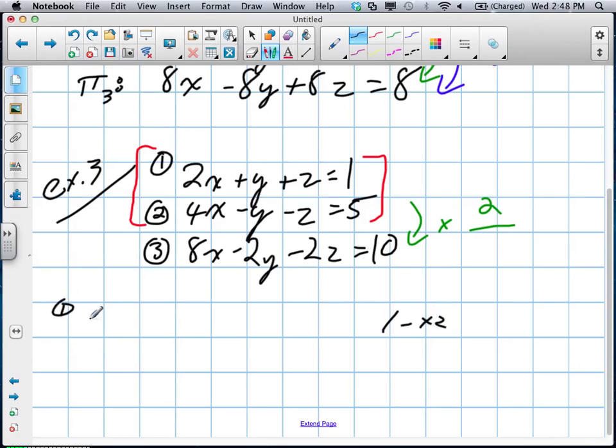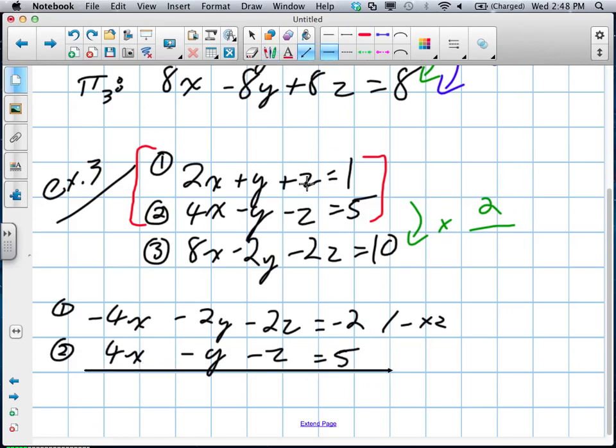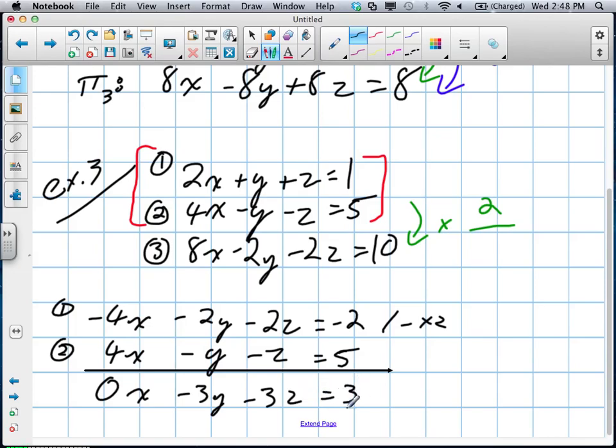So equation 1 will now become -4x minus 2y minus 2z is equal to -2. And equation 2 will keep the same, 4x minus y minus z equals 5. We eliminate the x, and we get 0x minus 3y minus 3z is equal to 3.